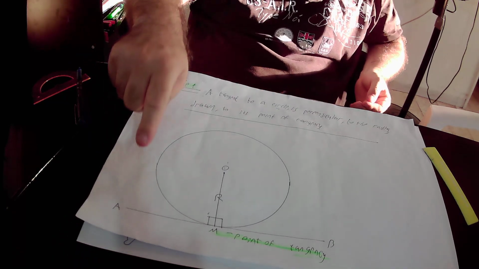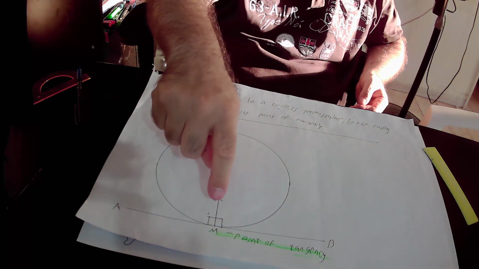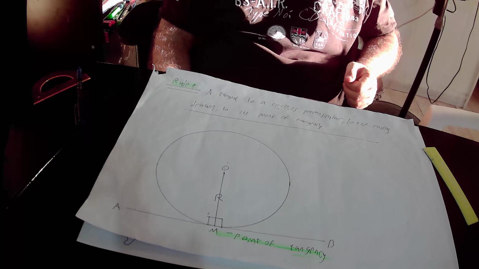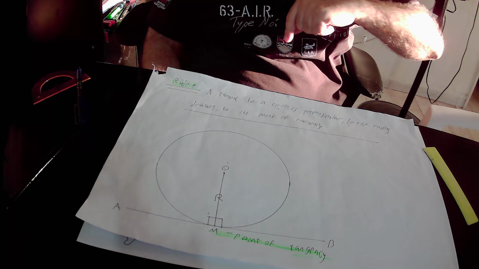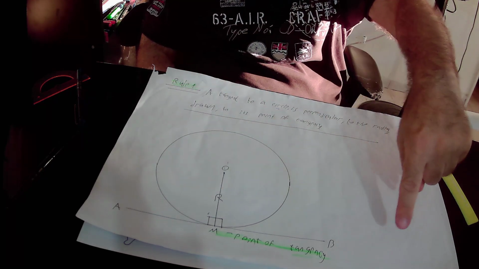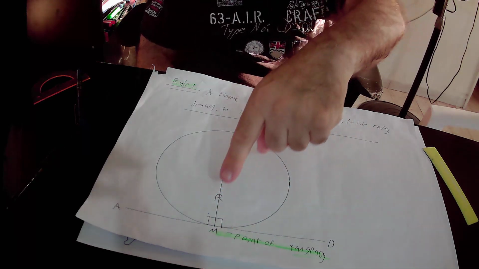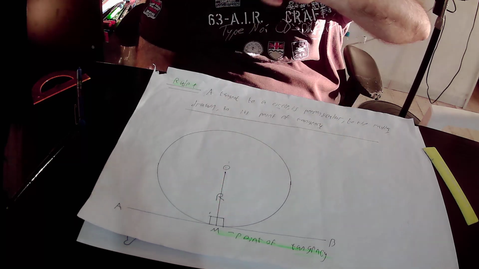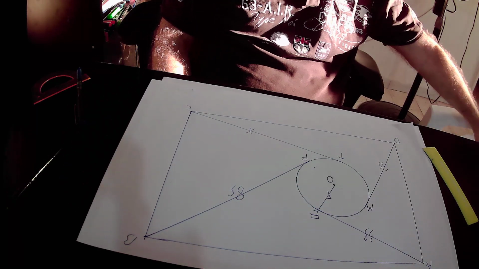We have here tangent AB, that is tangent to this circle at point M. Point M is the point of tangency. And we have the radius OM that is drawn to the point of tangency. Therefore, according to this rule number 1, tangent AB will be perpendicular to the radius MO. That is to say, this angle equals 90 degrees and this angle also equals 90 degrees according to this rule number 1. We can implement rule number 1 in our drawing.